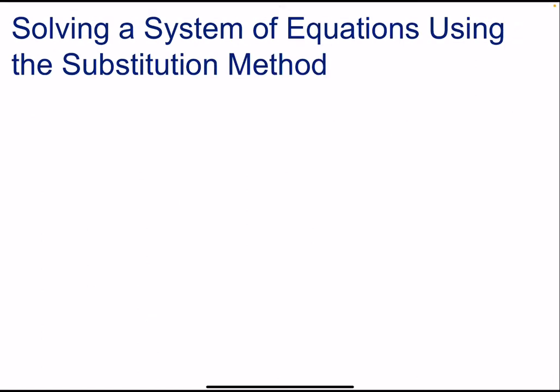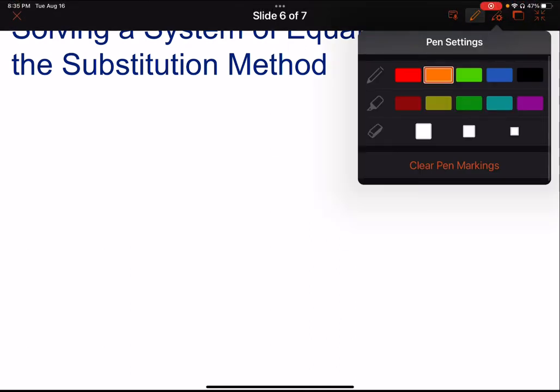Now let's discuss the substitution method, which is the algebraic method that allows us to find the exact solution. Let's look at this example here. I'm going to change it to red.